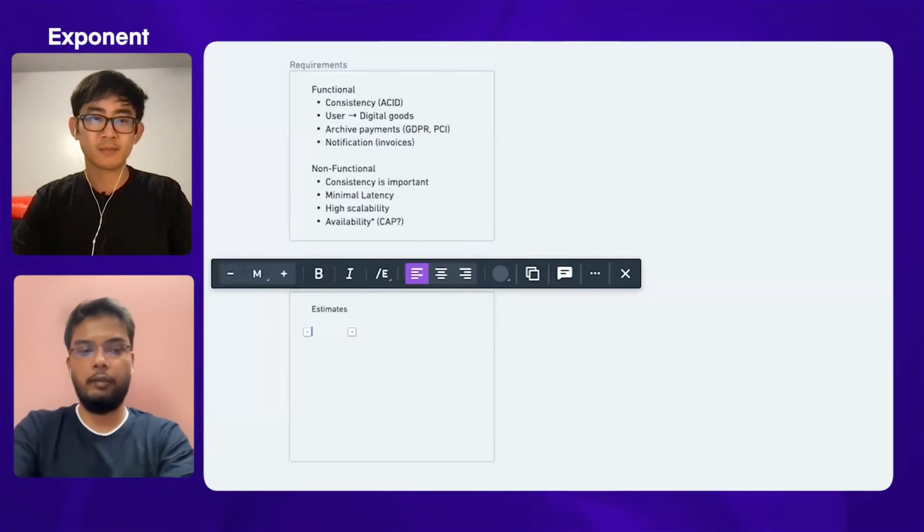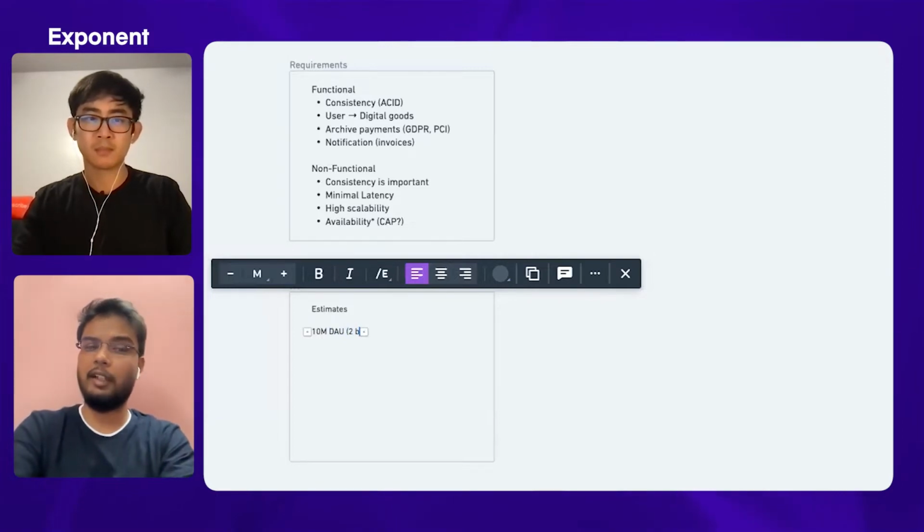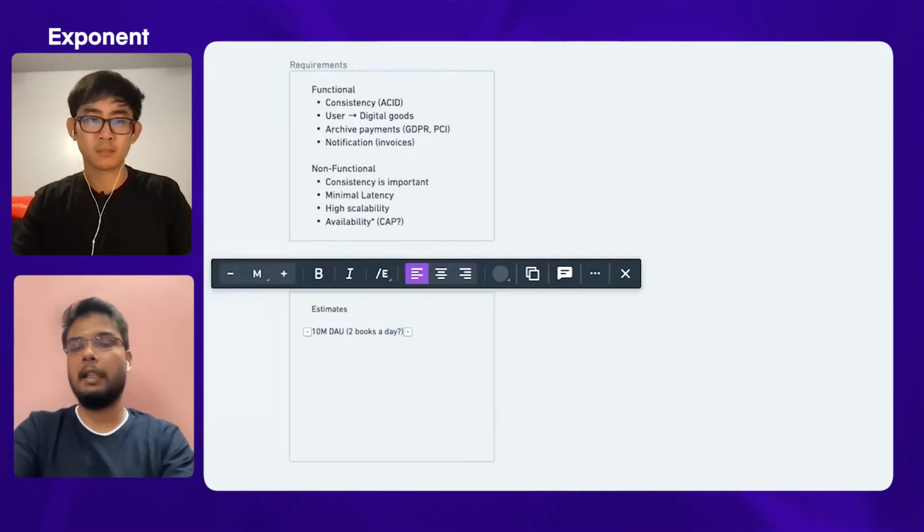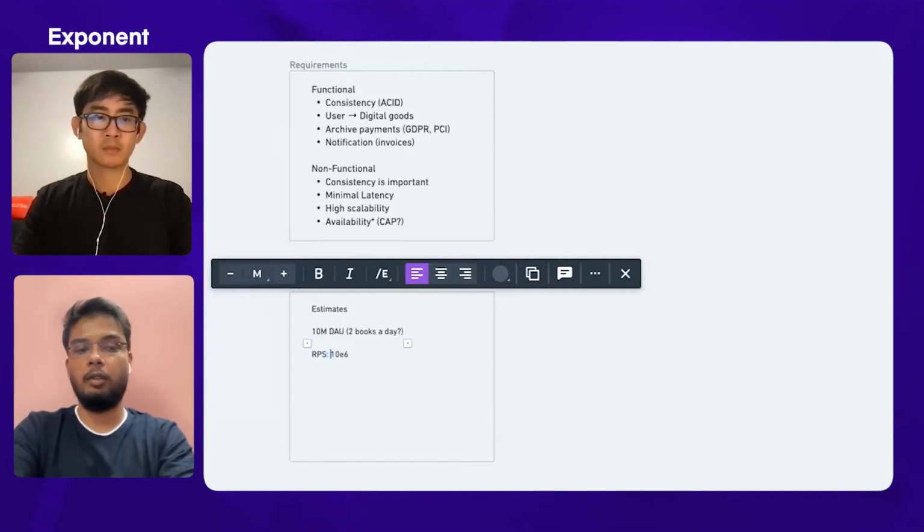Okay, we have 10 million daily active users, and maybe they buy on average 2 books a day. So this will give us requests per second.